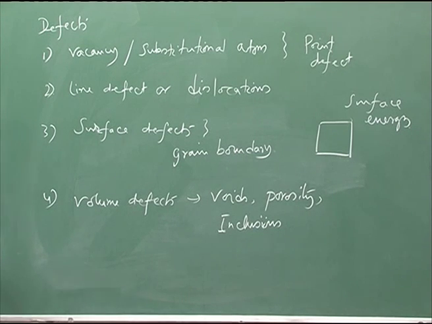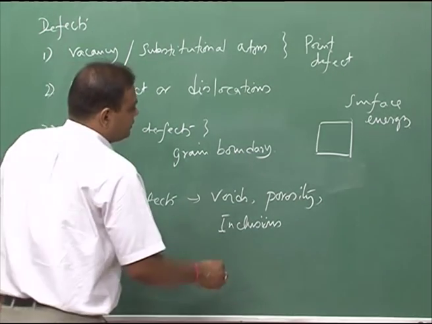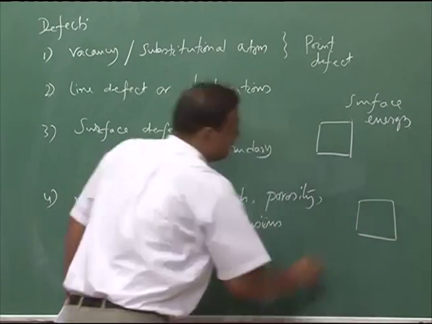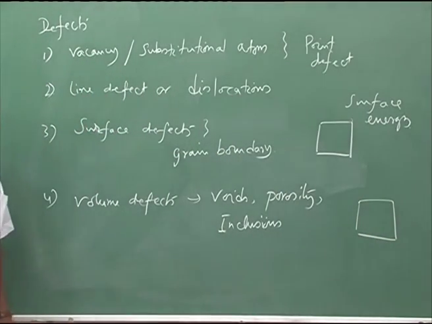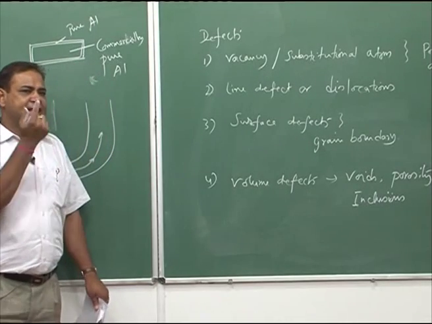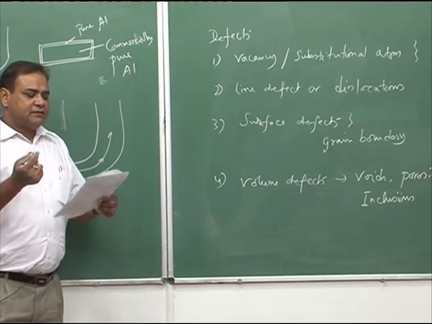Let us say a particular metal, the metal surface, it is etched and we generally come across etch pits. Those etch pits are nothing but the dislocation which is perforating or ending at the metal surface.